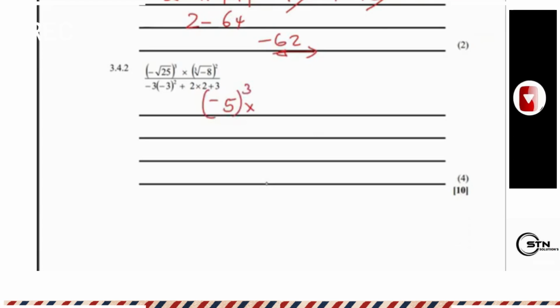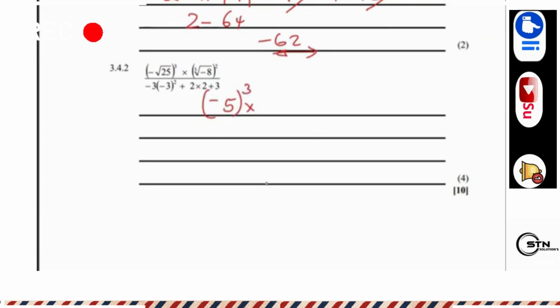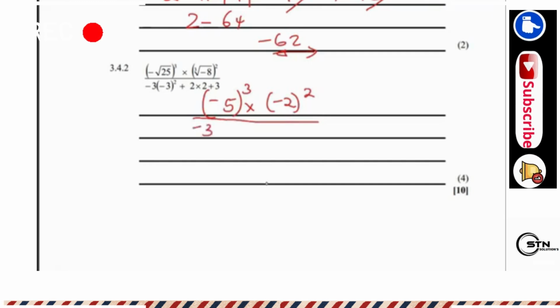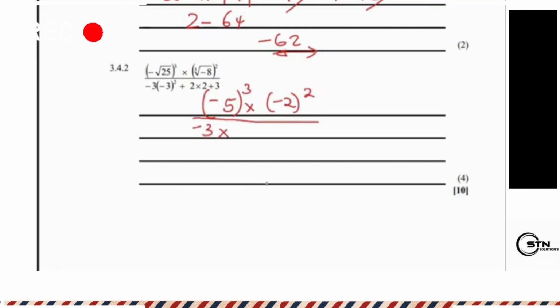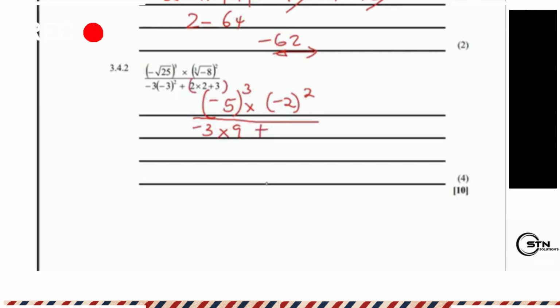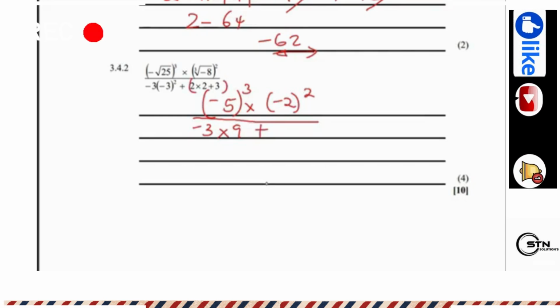Then times, we know that the cube root of -8 is going to be a -2, and you're squaring that. Over this is going to be -3 multiplied by -3 squared, which is a 9, plus 2 by 2 plus 3. Okay, we have more than 2 signs there. So multiplication first. So that's 4 plus 3, which is a 7.